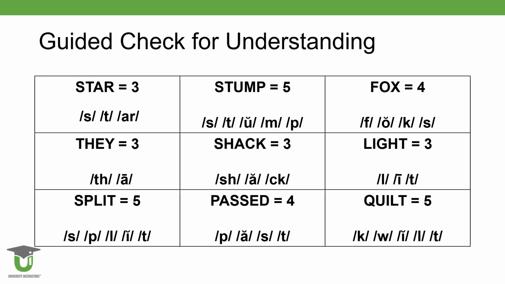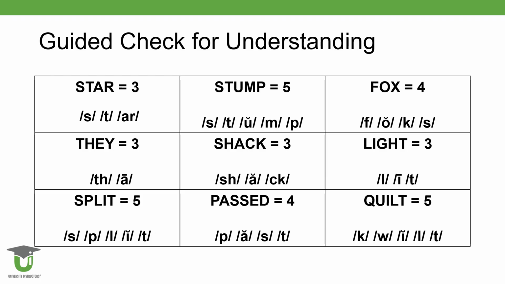Shack, the digraphs sh and k each stand for only one sound, so shack has 3 phonemes. The word light also has 3 phonemes because in this word, IGH stands for one phoneme, I. In the word split, there are 5 phonemes as each letter represents its own individual phoneme.